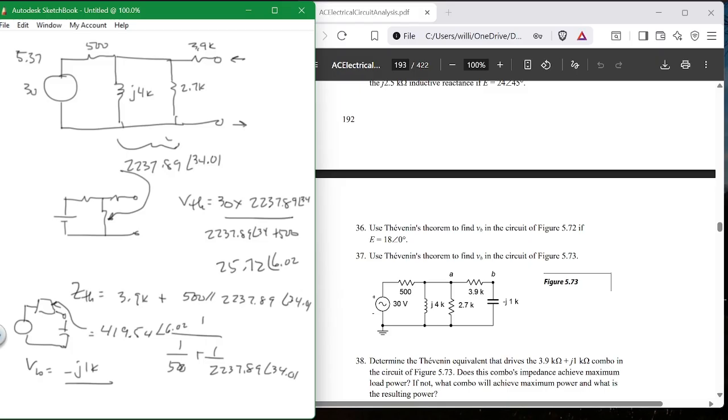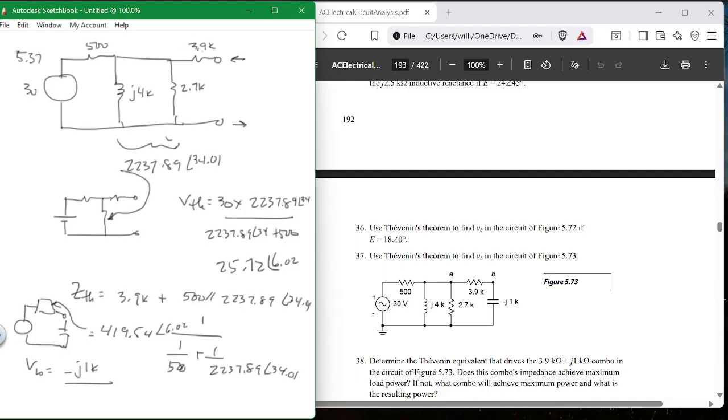Okay, Z Thevenin is, okay, so I'm looking at it from the right. So I'm coming at it from up here.